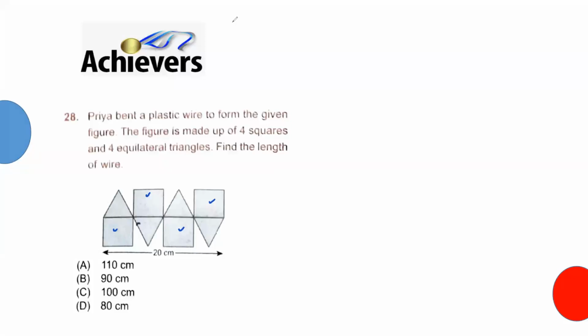If you see carefully, this is the length of the wire, right? And how many length of it is given? The figure is made of 4 squares and 4 equilateral triangles. If this is a square, that means the equilateral triangle has the same length as that of the square. So suppose this is A, this is A, this is A, this is A, then 4A equals 20.